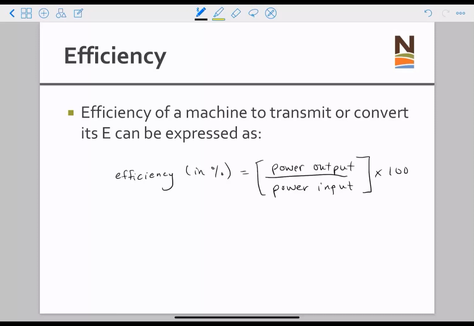So for whatever percentage that you have for efficiency, so say you had a 50% efficient motor, you multiply that by the energy that is being input. So say electrical energy, as an example, say 100 watts times 50% would give us a power output of only 50 watts, right? So I will be giving you also examples for this one.